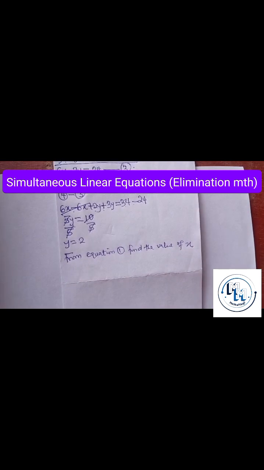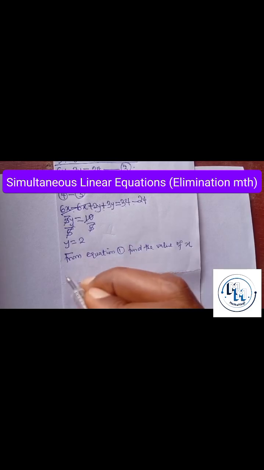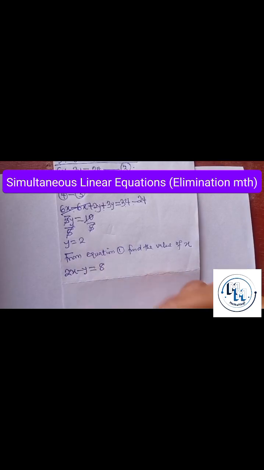Equation 1 says 2x minus y equal to 8. Recall that the value of y is now 2. So we go 2x minus, instead of writing y, we put 2, equal to 8.